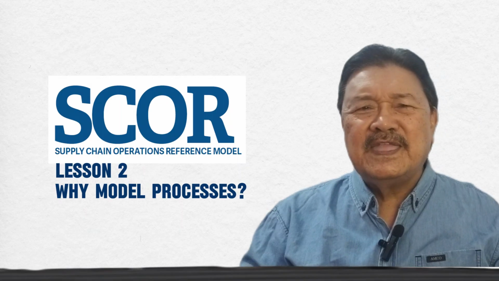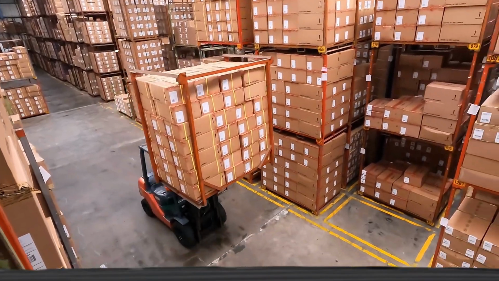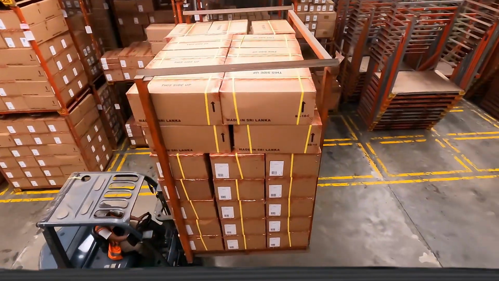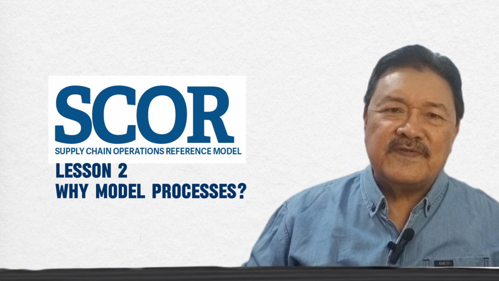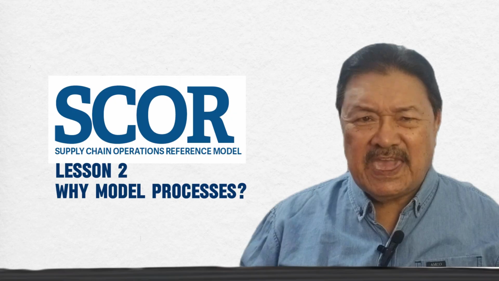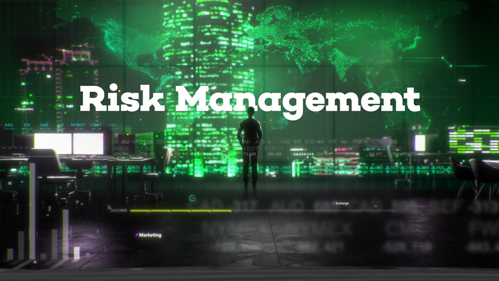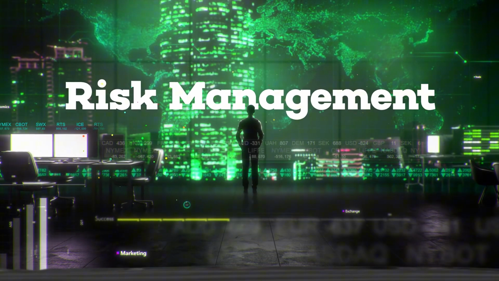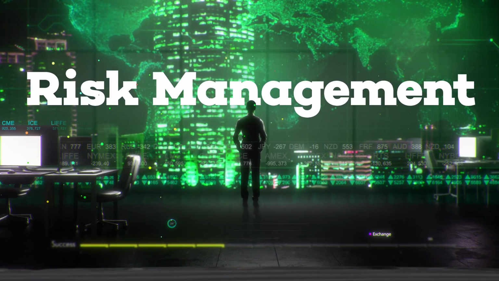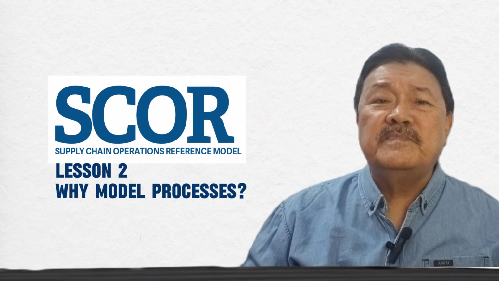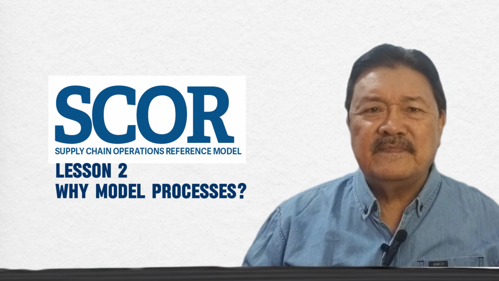Now, whether they are excess inventory, inefficient transportation, or lengthy lead times, addressing these areas saves money. And of course, you have risk mitigation. Supply chains encounter risk all the time in the form of natural disasters, geopolitical tensions, or supplier disruptions. Models help you prepare contingency plans and minimize its impact.